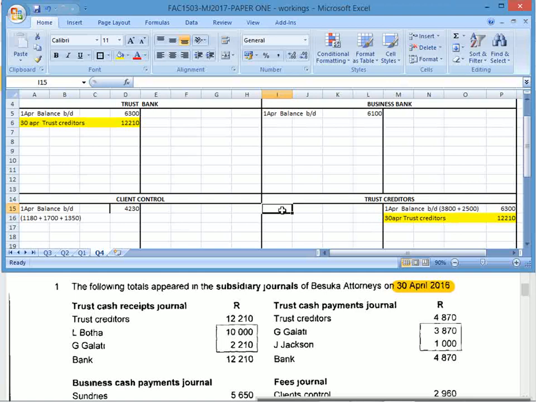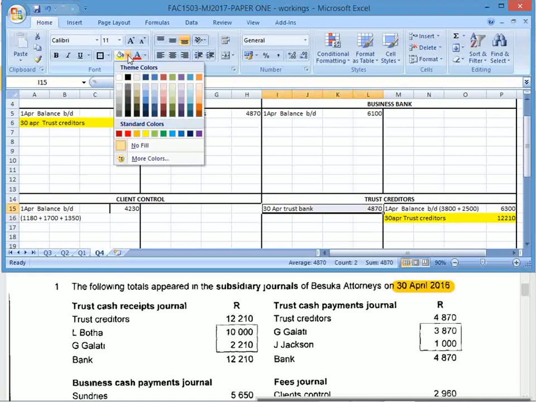Right, so trust creditors amount. Yes. Trust creditors here. 4870.